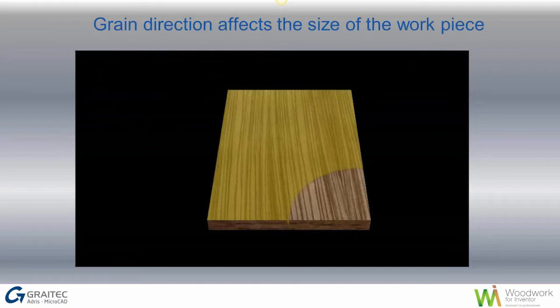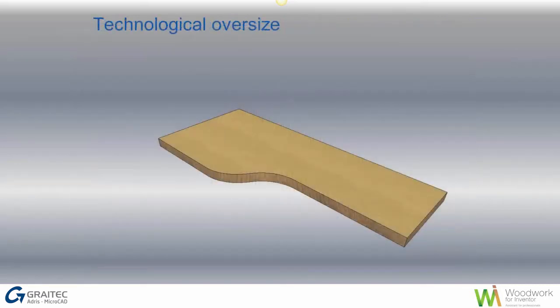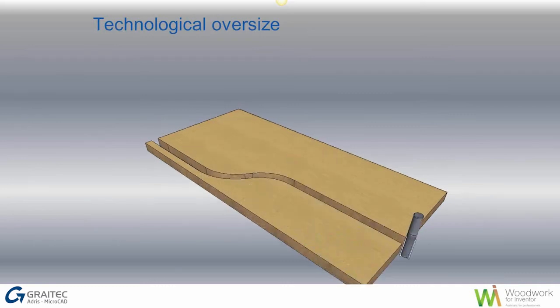Grain direction affects the size of the workpiece. If you've got the grain in one direction in a straight piece of board, that works well. Obviously, if you want the grain at a different angle on a pre-laminated or pre-veneered board, you need to look at how that affects your job. So you can apply technological oversize with Woodwork for Inventor. The next slide hopefully demonstrates that.